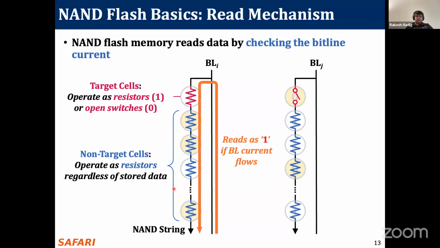If the target cell operates as an open switch, then the bit line current gets blocked because of the open switch, and the sense amplifier reads the value as 0. So this is one of the key principles that we use in the multi-wordline sensing mechanism, the read operation.